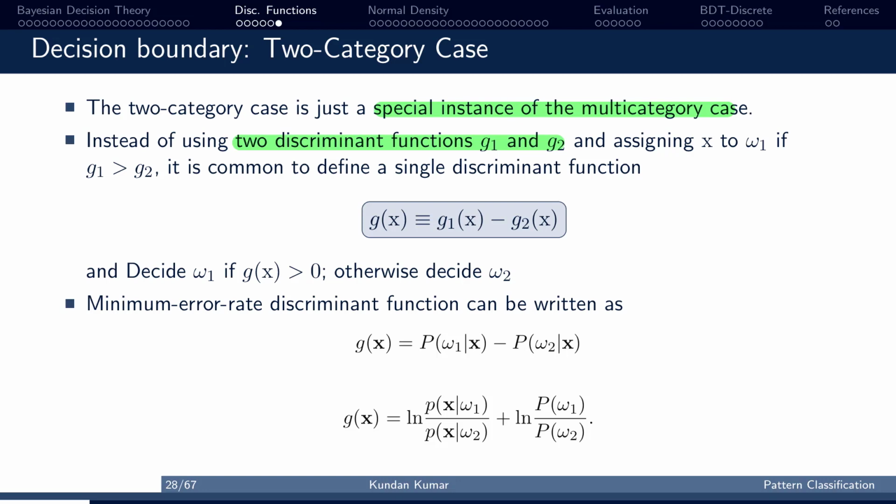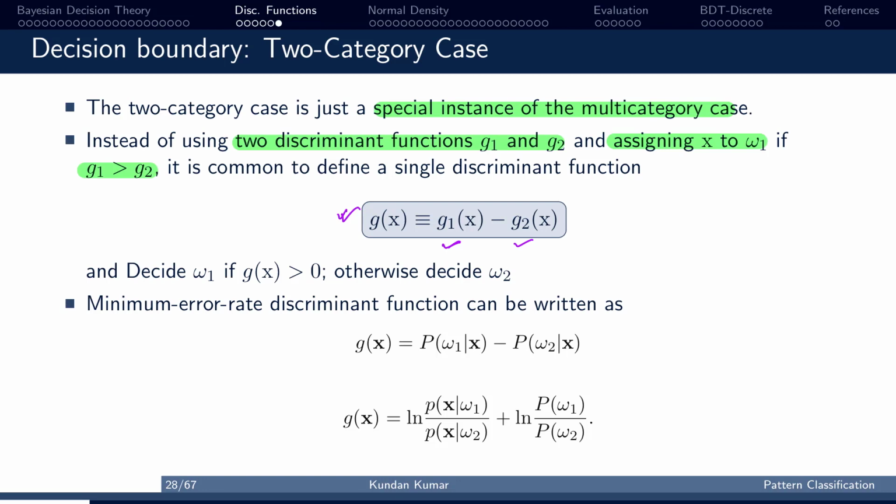If we have the two discriminant functions, how can we make the decision? We have to assign a feature vector x to omega 1 if the discriminant function of class 1 is greater than that of class 2. Instead of comparing these two, we can make a single discriminant function, g(x) equal to g1(x) minus g2(x).